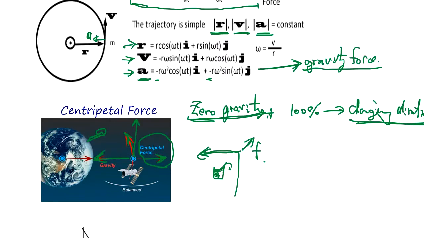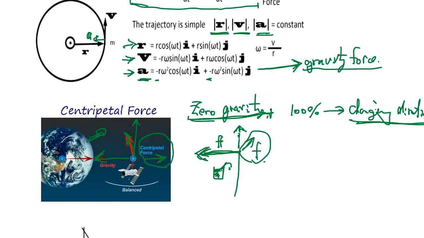Actually it's not a force, it's inertia. You're supposed to go straight, but by an external force, you turn the wheel, you change the direction, and you feel things still moving straight, and that's the perceived force. So centripetal force is a perceived force.